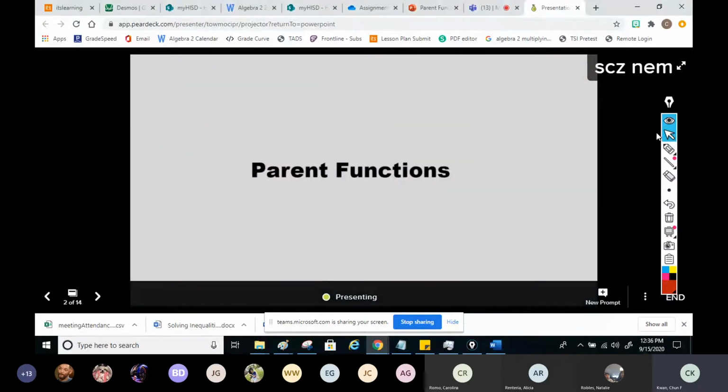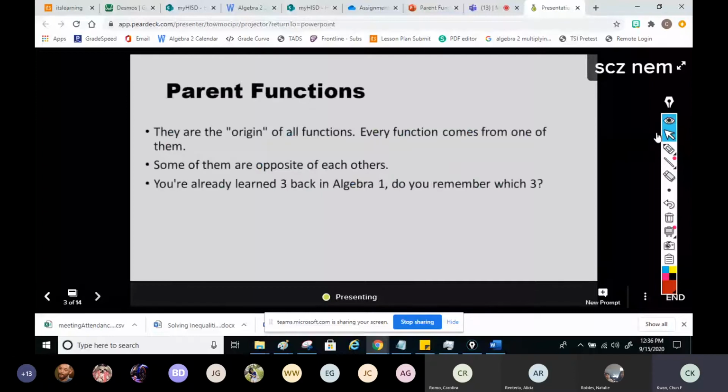Okay, moving on. So today we'll be talking about parent functions. So we'll be talking about parent functions, and let's see if you guys have seen that before. So parent functions, they are the origin of all functions. Every function comes from one of them. Okay, any functions that you see, they're all based off of the parent functions.